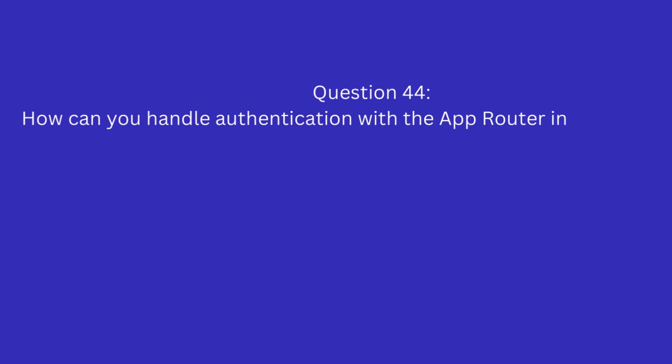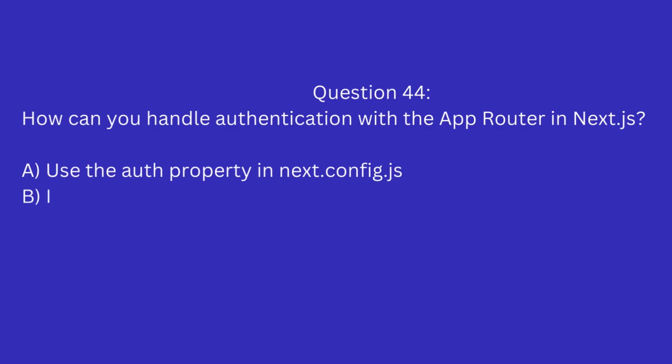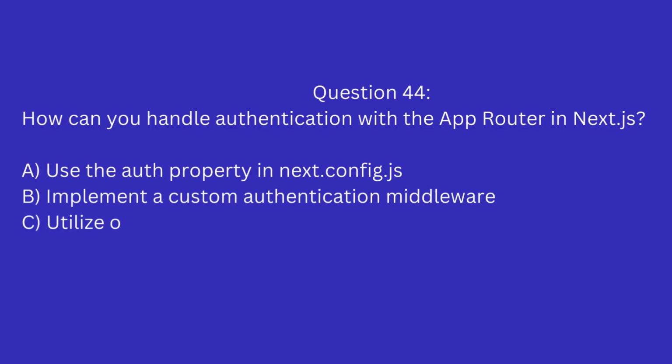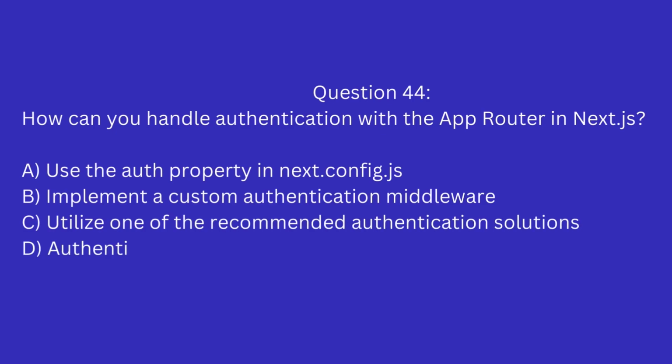Question 44. How can you handle authentication with the app router in Next.js? A. Use the auth property in next.config.js. B. Implement a custom authentication middleware. C. Utilize one of the recommended authentication solutions. D. Authentication is not supported in Next.js.